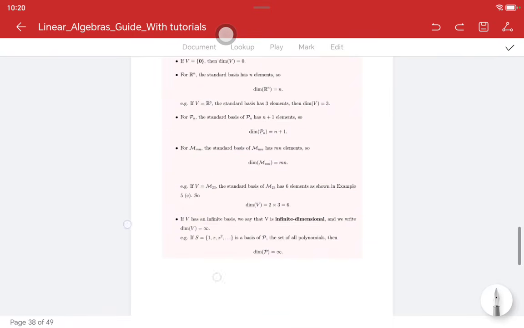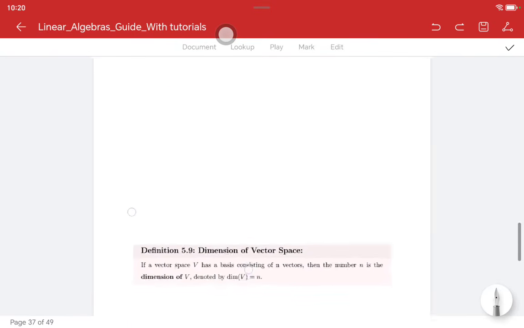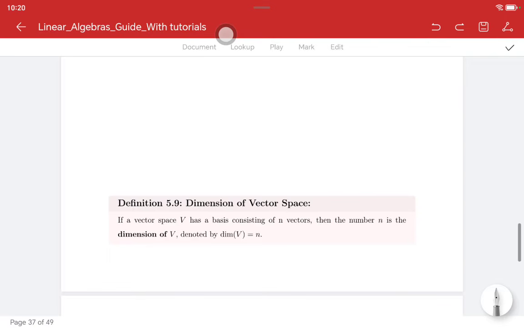Let's check the definition. I think they might have given us the definition of a dimension. They say that if V is a vector space that has a basis consisting of n vectors, then n is the dimension of V, denoted by dim V equals n. So the number of basis vectors there will be our dimension.